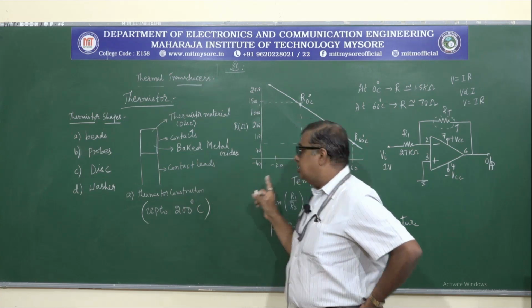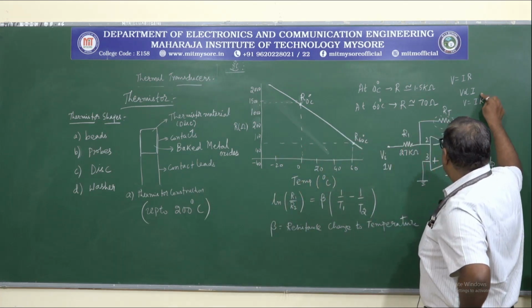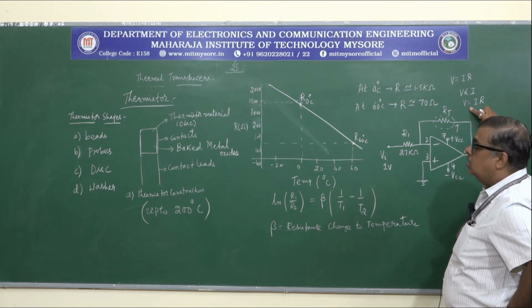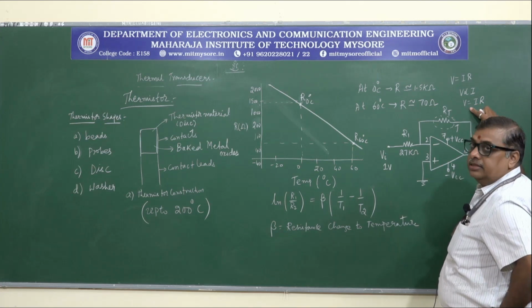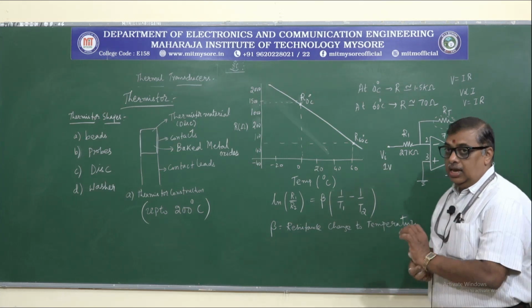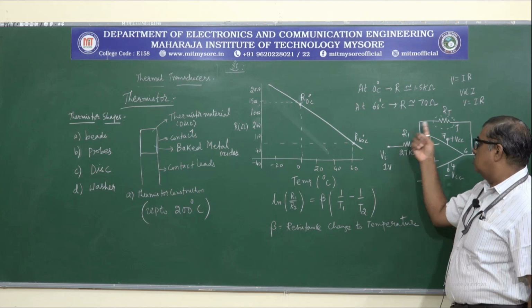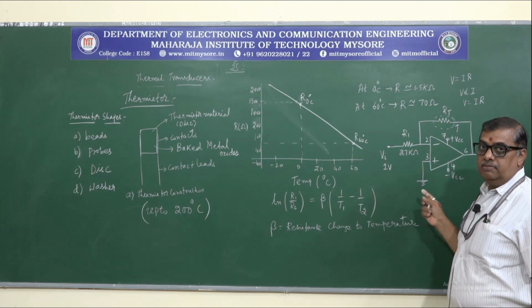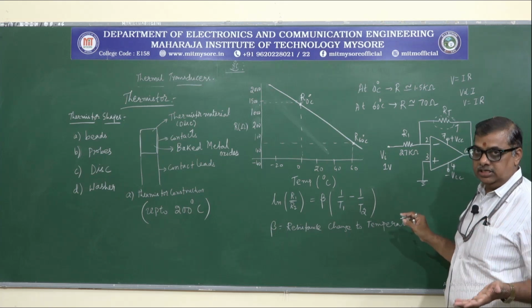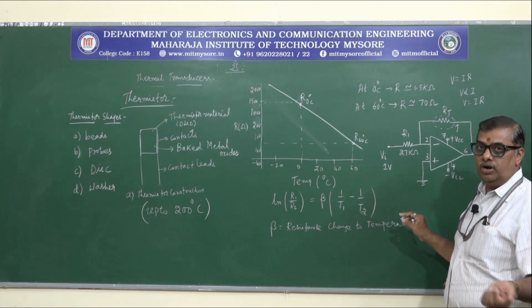So, if resistance is changing, voltage is also changing across the thermistor. Now I have taken a small circuit where we can measure the temperature in terms of resistance or in terms of voltage.